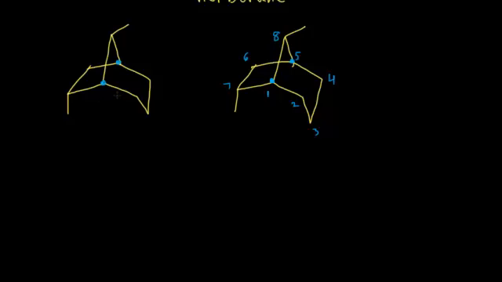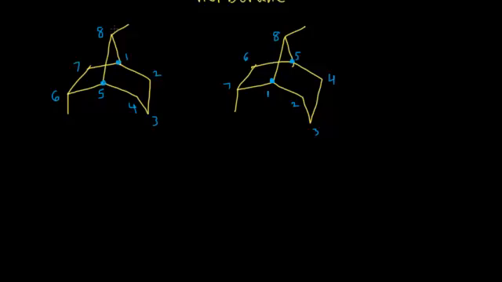On the structure on the left, again the exact same structure, this time I'm going to start with the opposite bridgehead carbon and then follow the same rules. So longest path, which would be to the right here: 2, 3, 4, 5, 6, 7, and then 8. Which one of these numbering systems is the correct one?